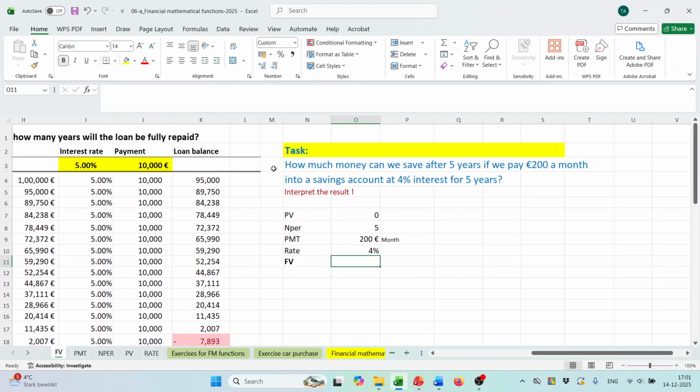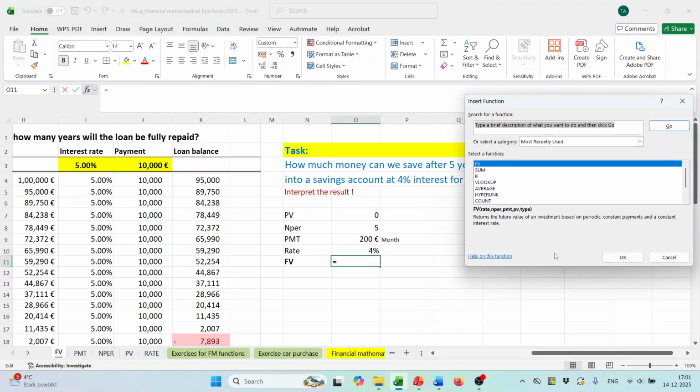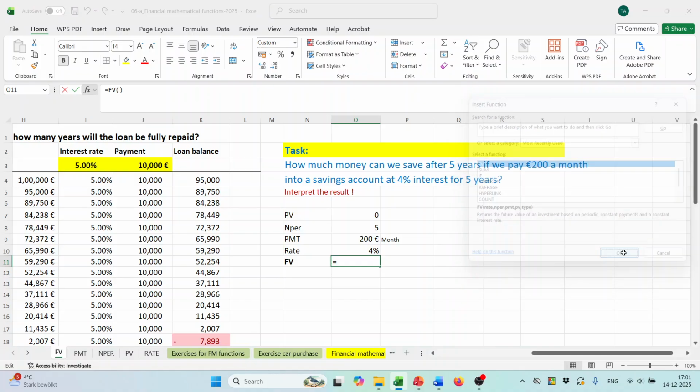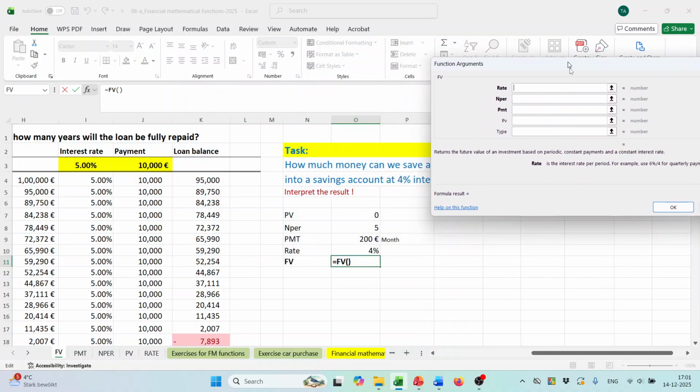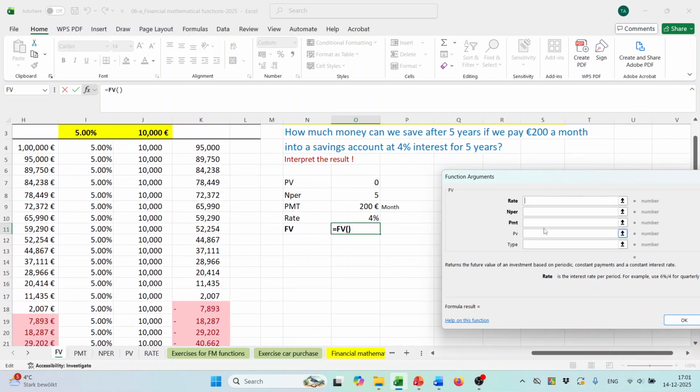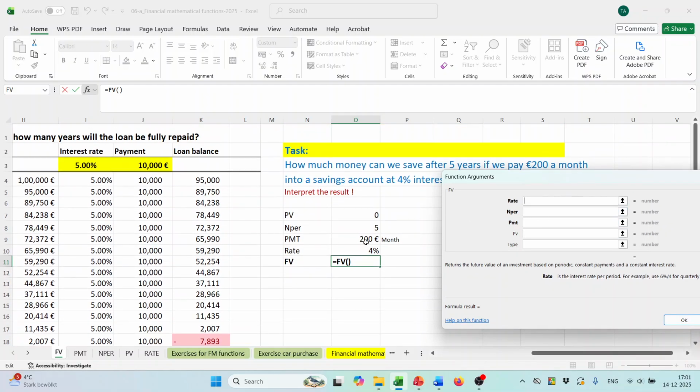So let's calculate it with the financial functions. FV is already there. Okay, so our rate is 4%. Our NPER, we want to do it in 5 years.